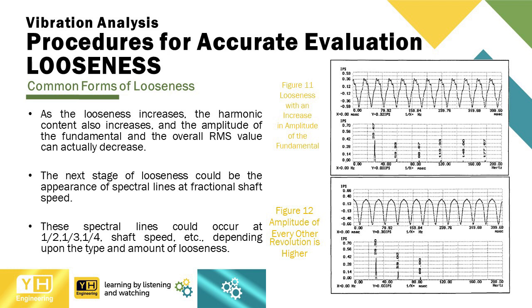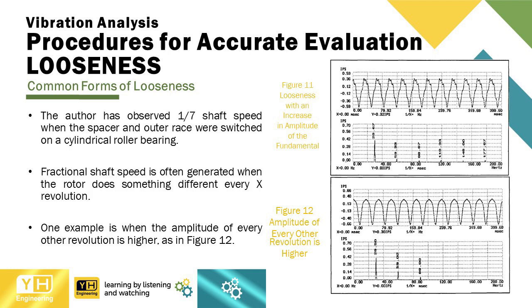These spectral lines could occur at 1/2, 1/3, 1/4 shaft speed, etc., depending upon the type and amount of looseness. The author has observed 1/7 shaft speed when the spacer and outer race were switched on a cylindrical roller bearing. Fractional shaft speed is often generated when the rotor does something different every X revolution. One example is when the amplitude of every other revolution is higher, as in Figure 12.